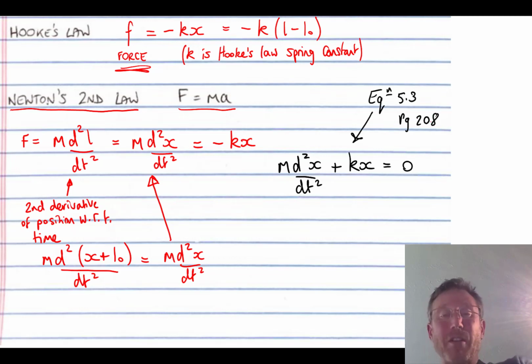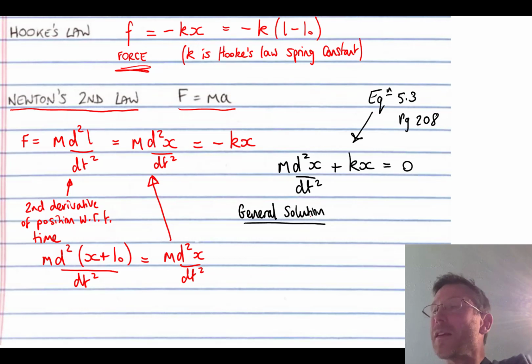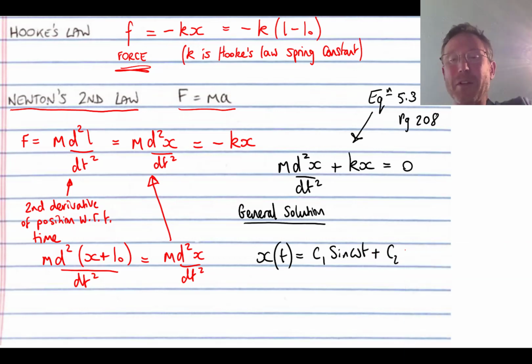We're going to consider that there is a general solution. We've come across this kind of equation before, so the general solution is x, remember it's a function of t, equals some constant c1 sine omega t plus c2 cosine omega t.